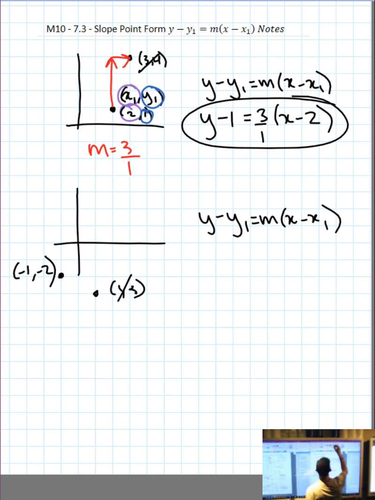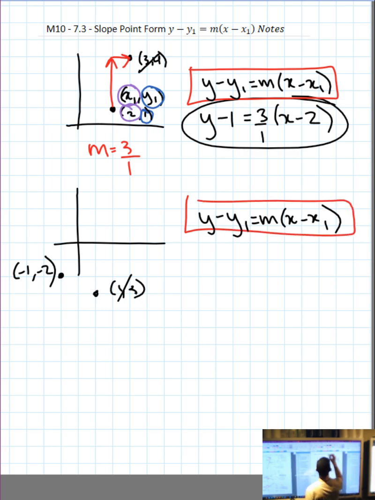Whoops, I forgot to put a box around my formulas that I use, so they're easy to see on the page, and eventually we don't need to keep doing them. Either way, near the point way off to the left, (-1, -2), I'm going to write x1, y1 above or below it. And keep in mind, it wouldn't have mattered if you used the other point. It's all the same. Multiple answers for these.